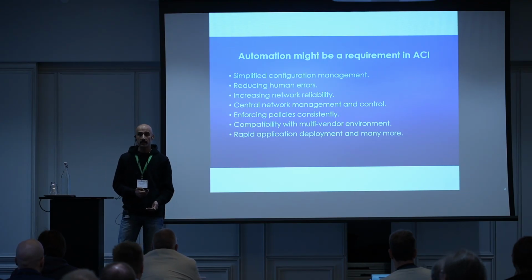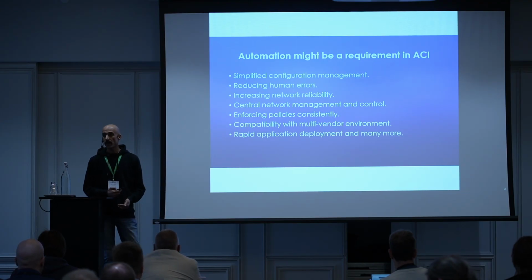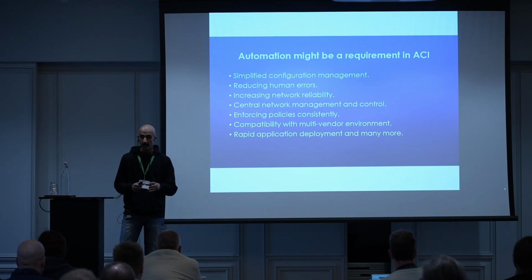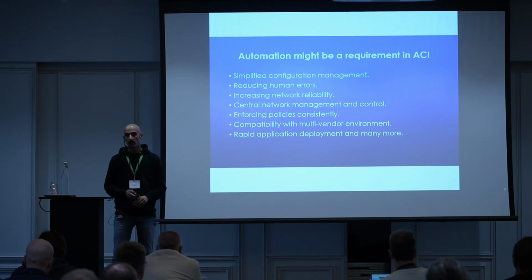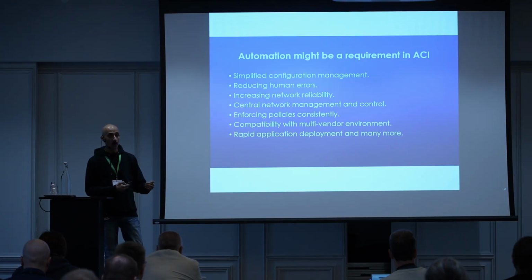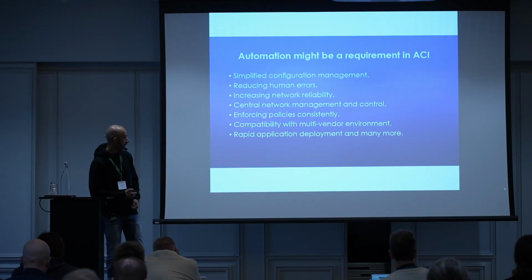Why do we need it in ACI in these environments? For example, for reducing human errors, for having a single, central place to place our configuration, to manage our configuration easily, to manage our data center more easily than before compared to the traditional three-tier architecture in our data centers.